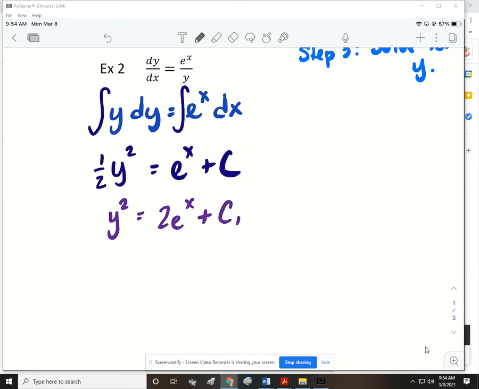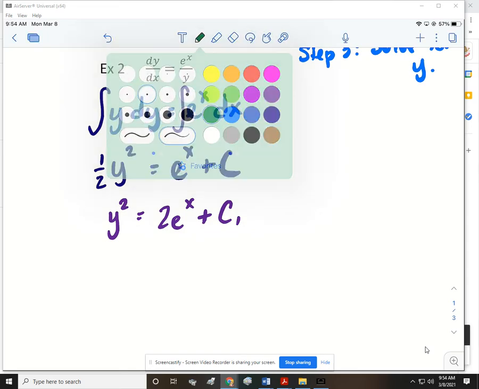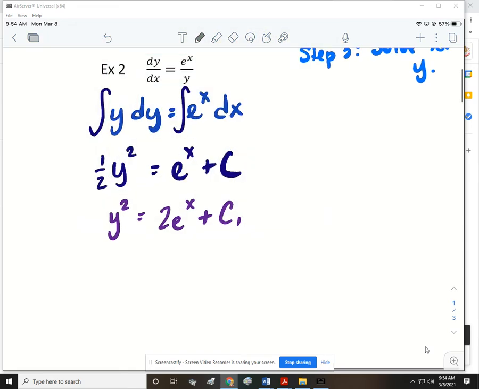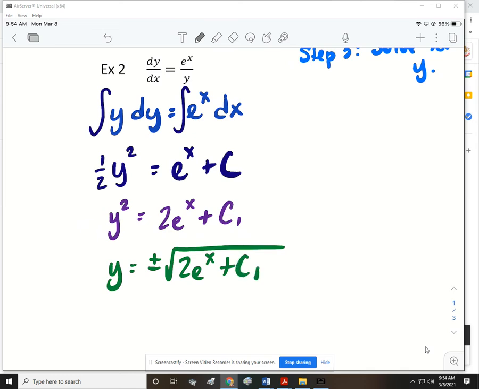So I'm going to call the different constant c sub 1. All right. Then I'm going to take the square root of both sides, the positive and negative square root. All right. So that's my equation that would have that derivative.